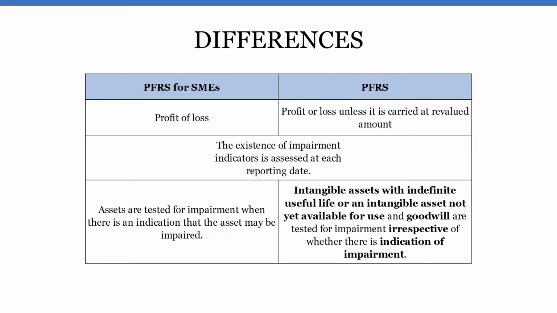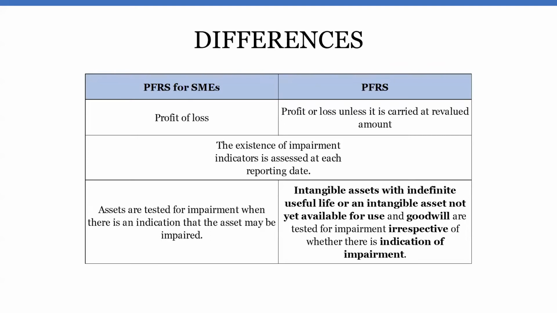For full PFRS, it is profit or loss unless the asset is carried at the revalued amount. The existence of impairment indication was mentioned earlier, and this may be a common mistake of ours: we thought that under PFRS for SMEs, assets are tested for impairment only if there are impairment indicators.